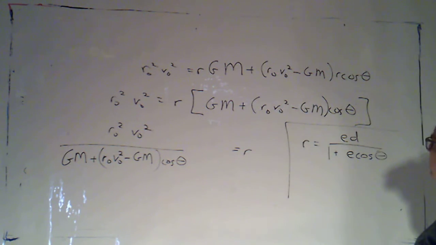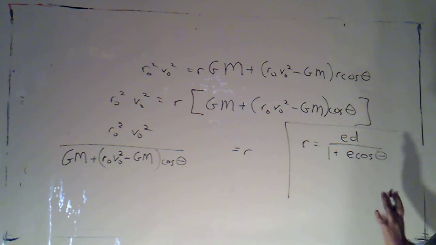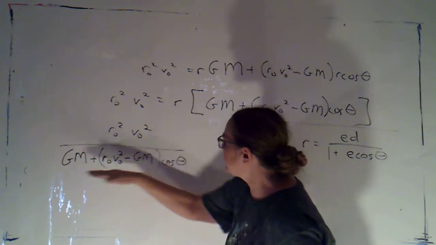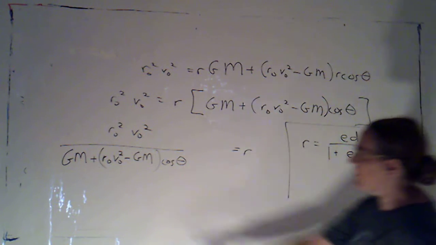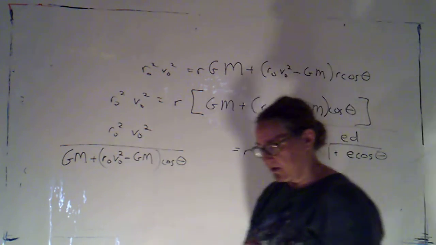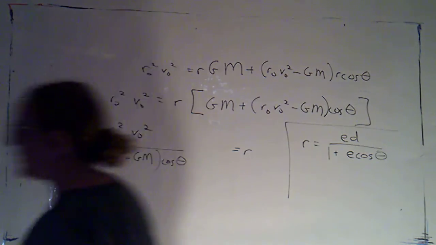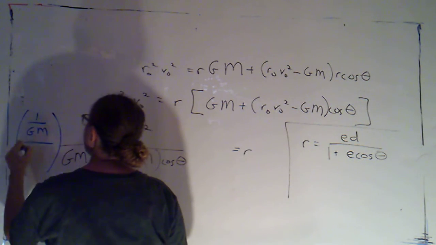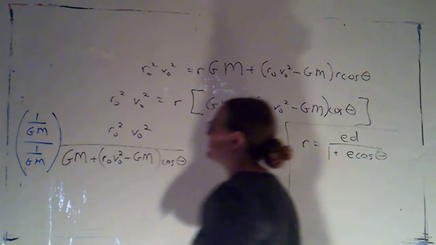Okay, so let's take a look. If I want this to match, I've got a number on top, and I want to have 1 plus a multiple of cosine theta in the denominator. So I want that number to be 1. I'm going to do a little bit of algebra. I'm going to multiply this by 1 in the form of 1 over GM over 1 over GM.